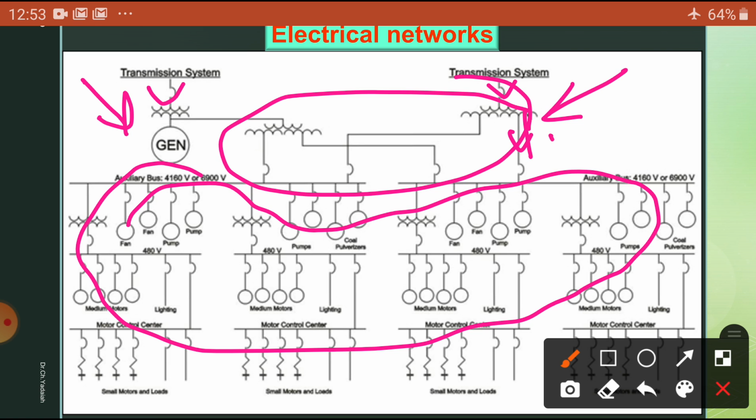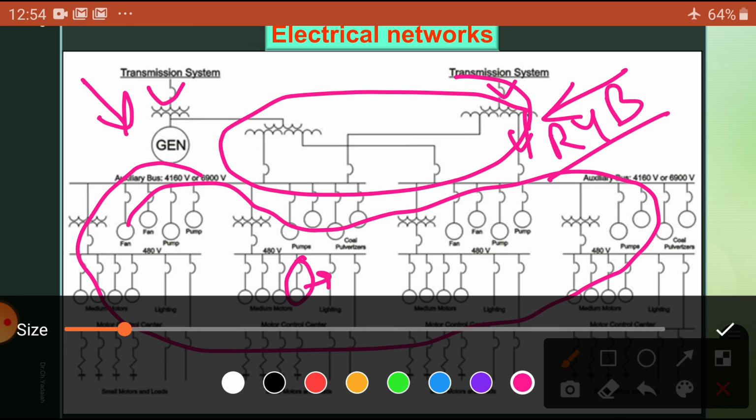And we know that R phase, Y phase and B phase, three phases from input, all are connected in a systematic way. So you can observe, the circuit is complex in nature. Suppose I want to know the value of the current, then what to do?